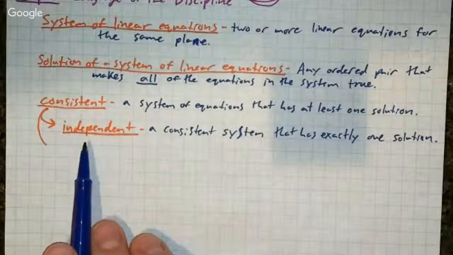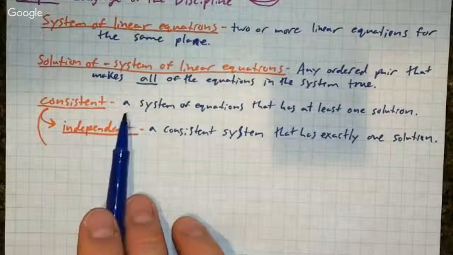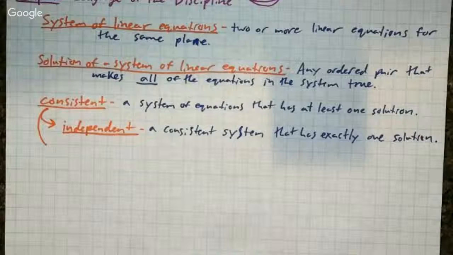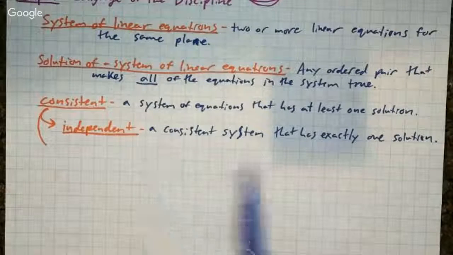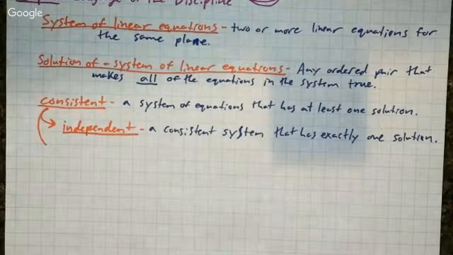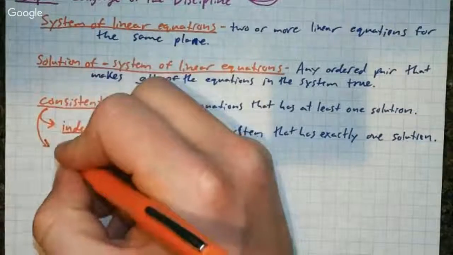So independent is a consistent system that has exactly one solution. So consistent means there's at least one, but independent means exactly one. The next one is dependent.